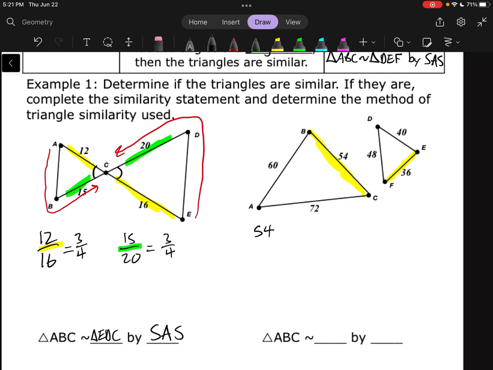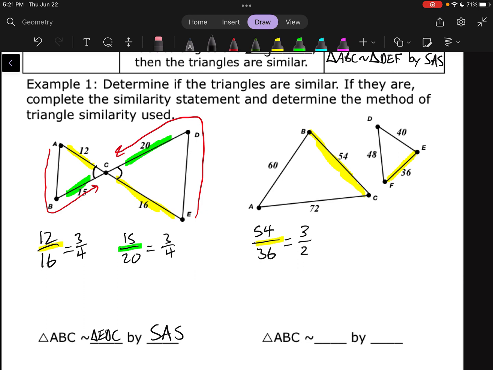So 54 over 36 with the yellow sides here, both divisible by 9. That would be 6 over 4. Oh, I can do better than that, can't I? Both divisible by 18, I could do 3 over 2.